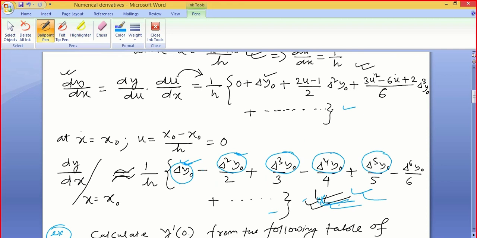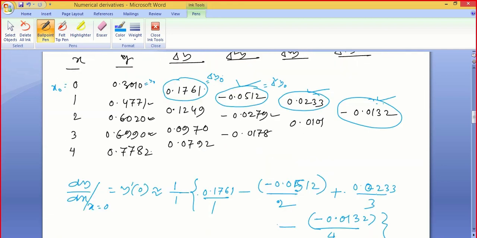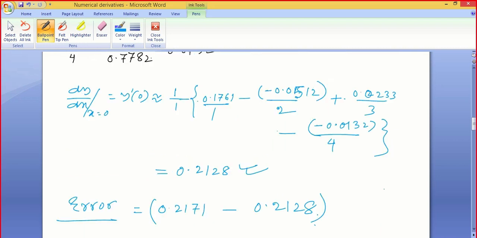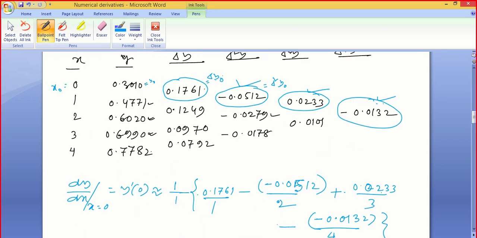Okay, so if I ask you simply what will be dy by dx at x1, I think you can tell me nicely the value. Tell me dy by dx at x equals 1. What will be the value for this data set?